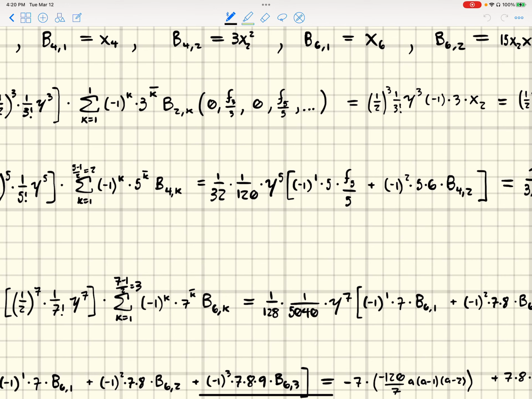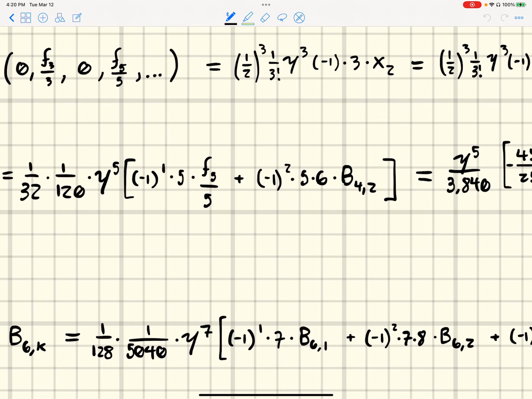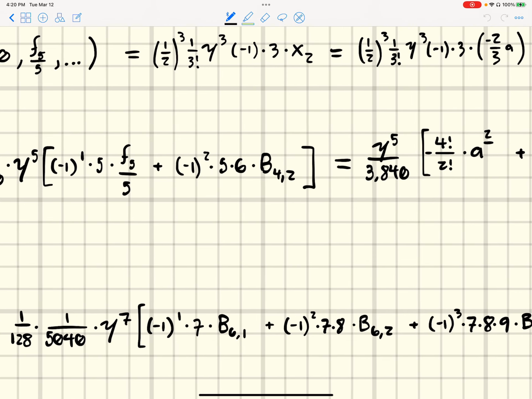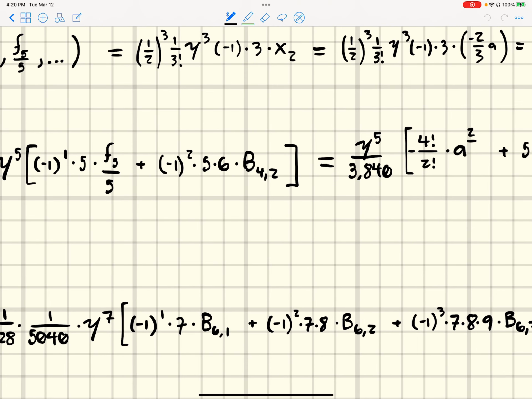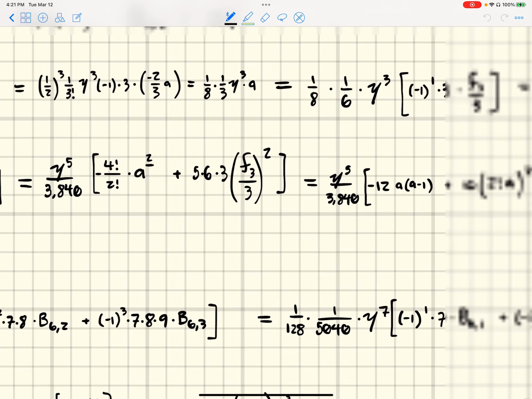I show here that you do the calculation. The moderate difficulty is in calculating these partial Bell polynomials, but you can look at the table and do some simplifications.